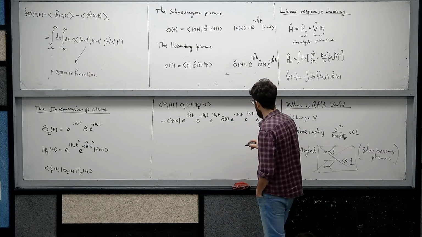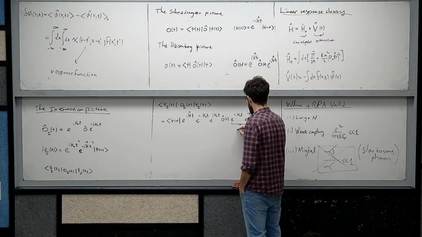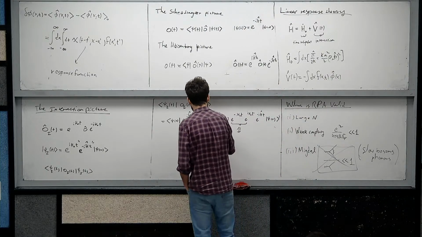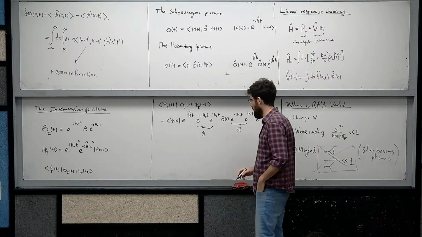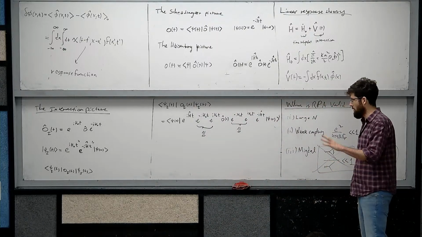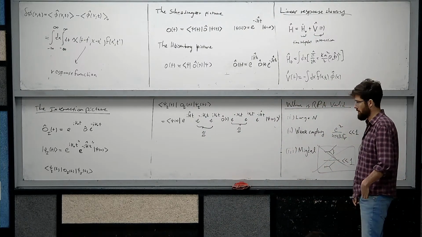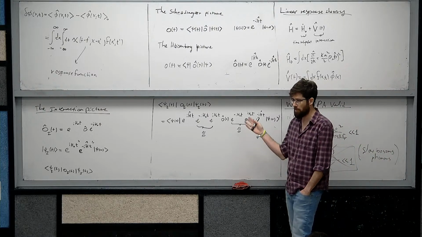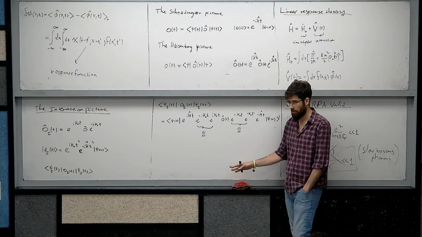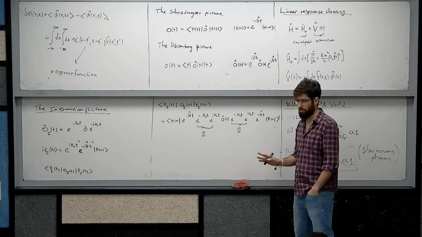And all I'm claiming is that this is identity and that this is identity. And I don't need Baker-Hausdorff, whatever, and I don't need anything to commute with anything. Okay? This is just by definition.